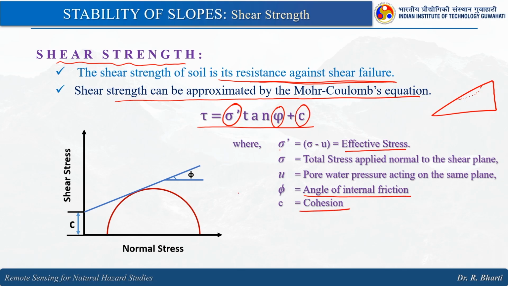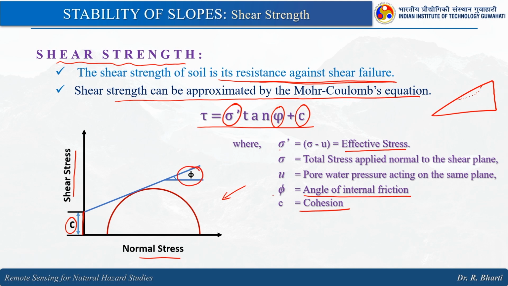Now, we will try to understand with the help of this figure. This figure is basically normal stress versus shear stress. So, this is the normal stress, right. Now, this particular area is basically your cohesion and this is your angle of internal friction, right.